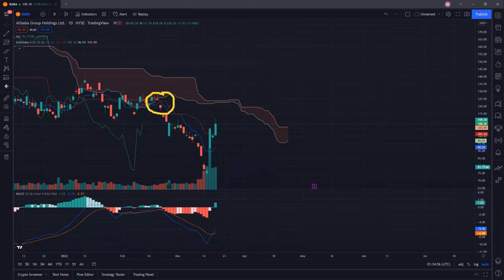And then there is another gap that needs to be filled, which is slightly above 115, 116 levels. So these gaps need to be filled on the way up. And of course, if you look closely here, we actually created a very large gap because of this gap up.